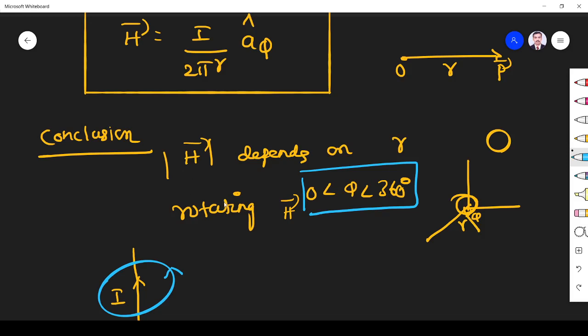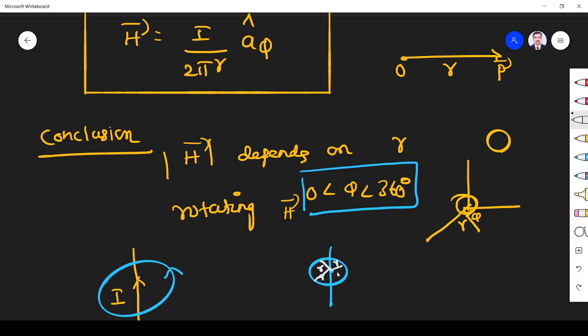Like that, we see another important point. Rotating magnetic field means I draw an exact circle. Let us assume this distance is R. If this is R, this is also R because it is a circle.